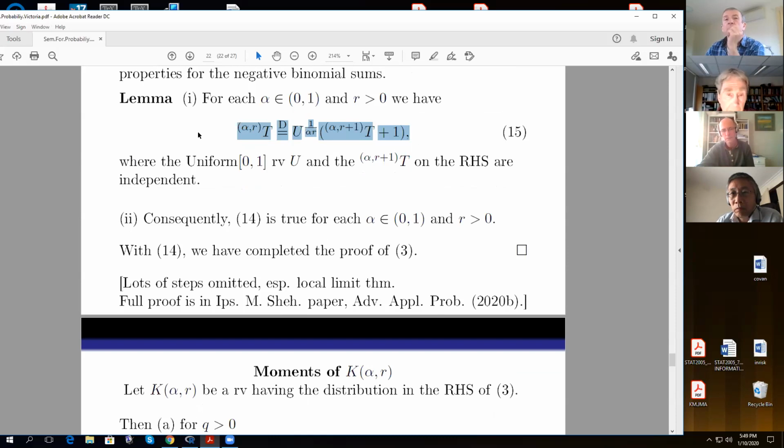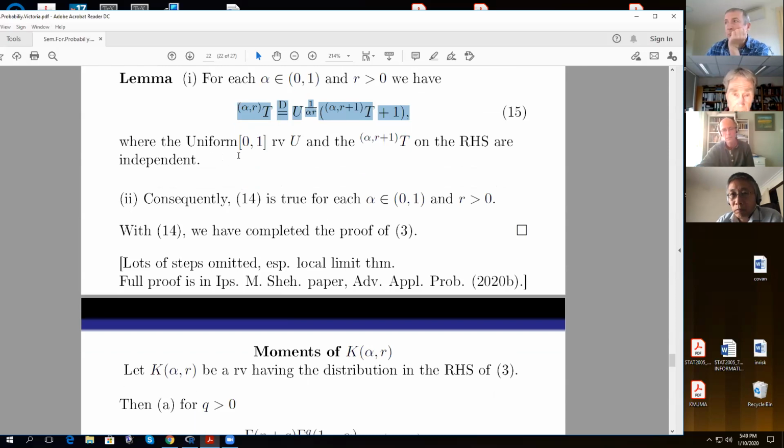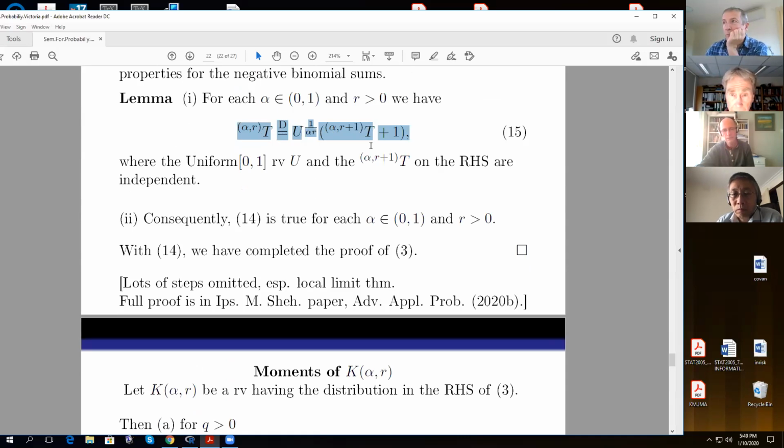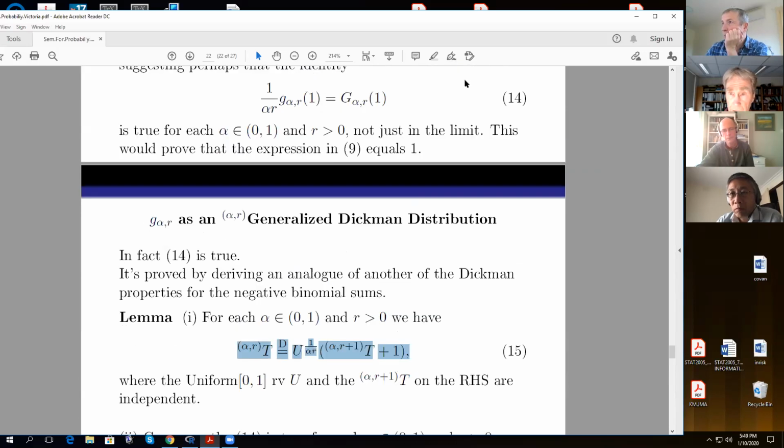Well, yes, the Dickman and the Poisson Dirichlet process in one of its forms. And we can prove this. This is a lemma. And once you prove this, then you have a proof of this.